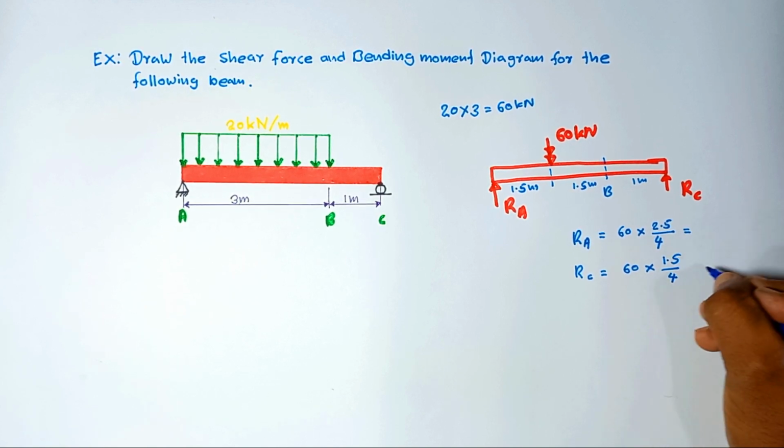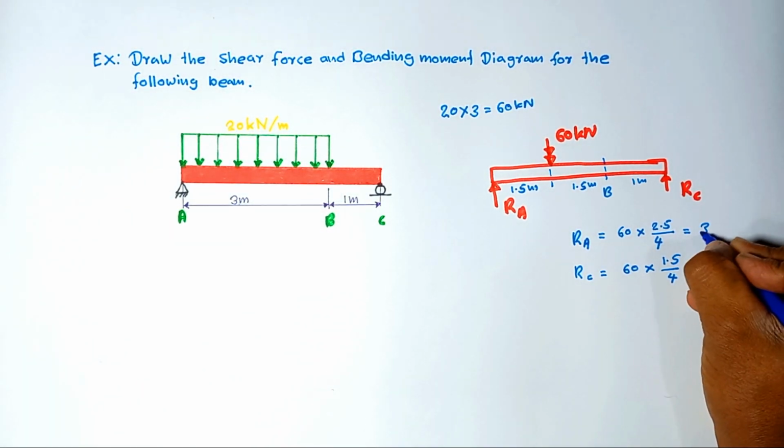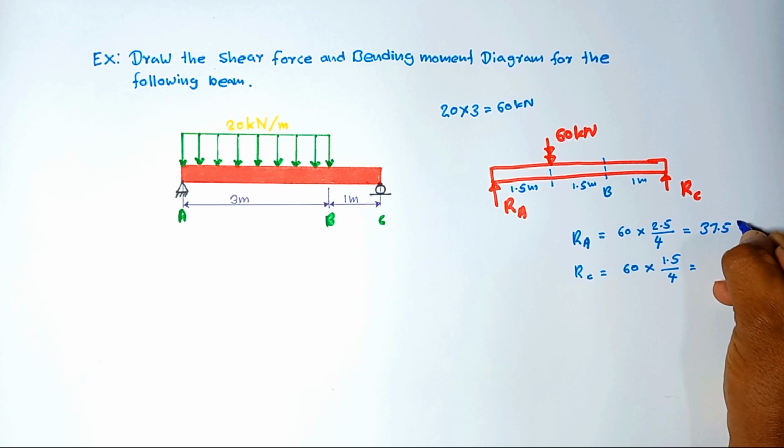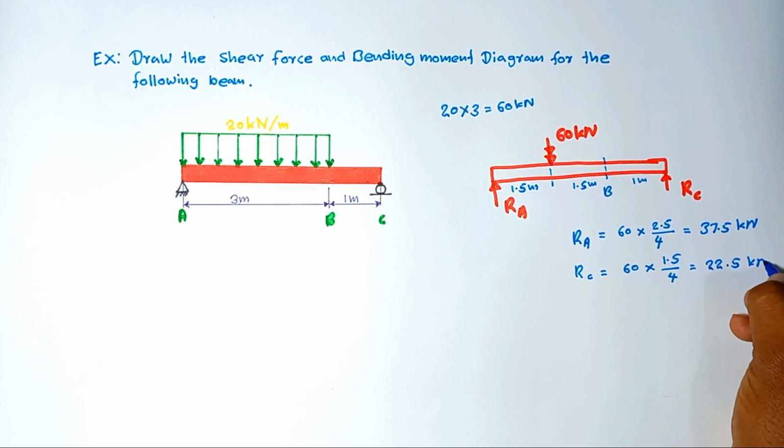So then what are the answers for these? RA is equal to 37.5 kilonewton. RC is equal to 22.5 kilonewton. These are the support reactions.